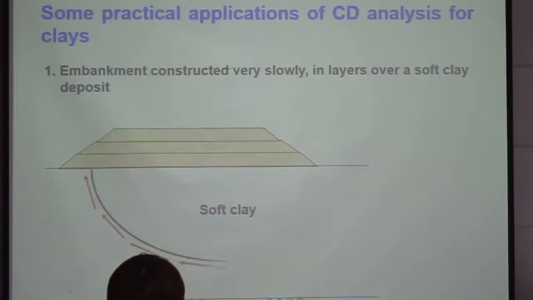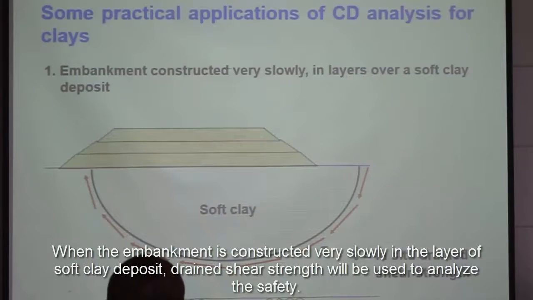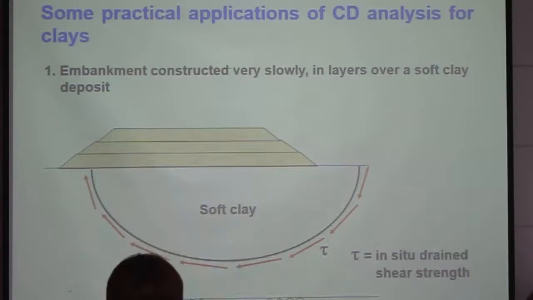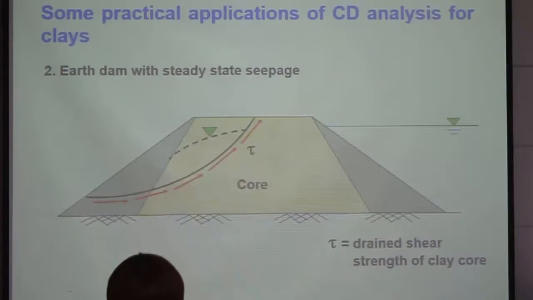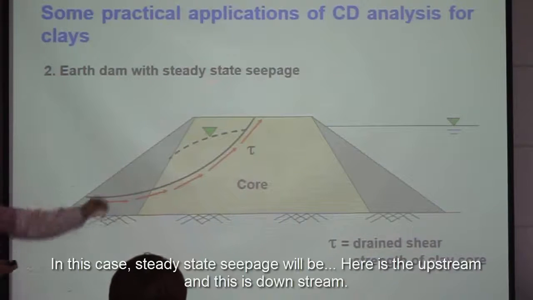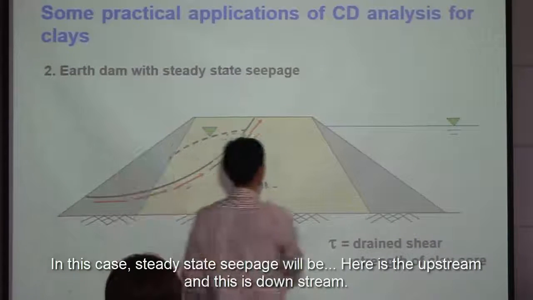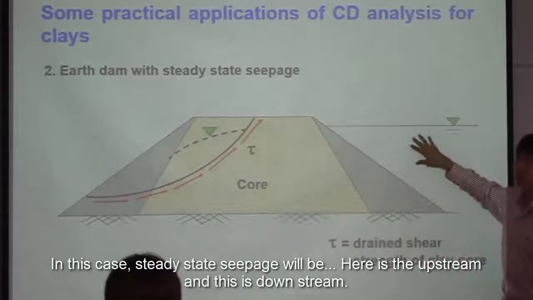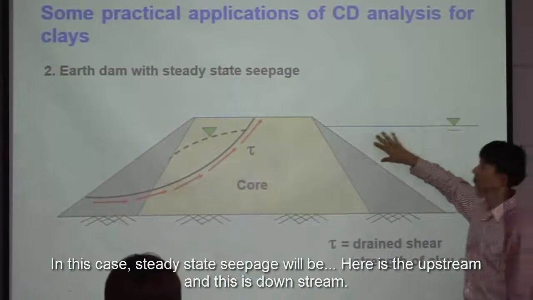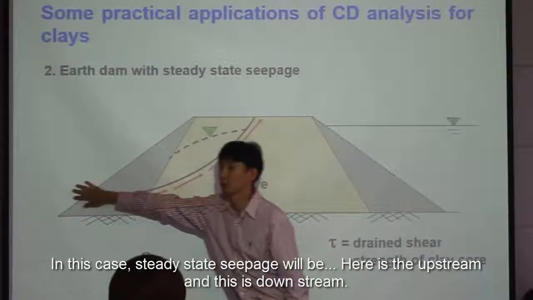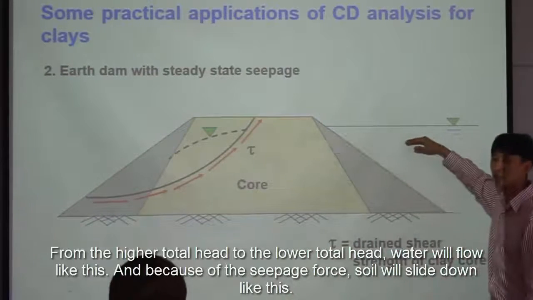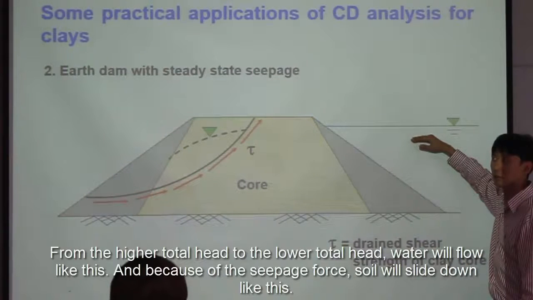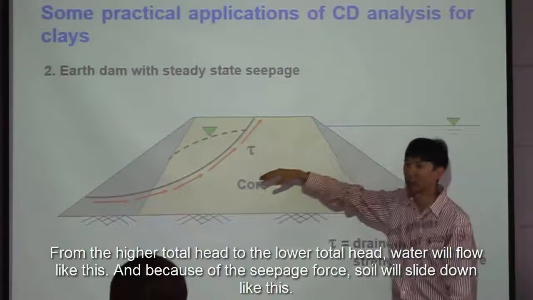So when an embankment is constructed very slowly in layers over a soft clay, then drained shear strength will be used to analyze the safety. Or same with the steady state seepage. So in this case, for steady state seepage, this is the upstream, this is downstream. So from the higher total head to the lower total head, water will flow.